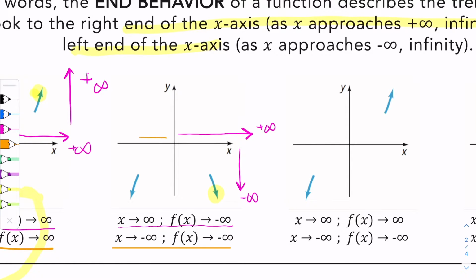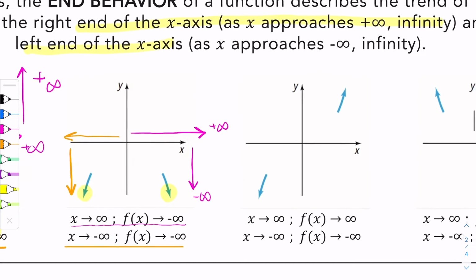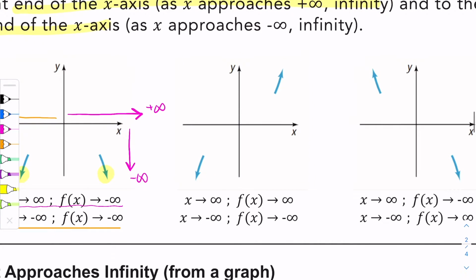That means as we head towards negative infinity on the x-axis, on the y-axis, the function is heading down. As x approaches positive infinity, the function approaches positive infinity. And as x approaches negative infinity, the function approaches negative infinity.